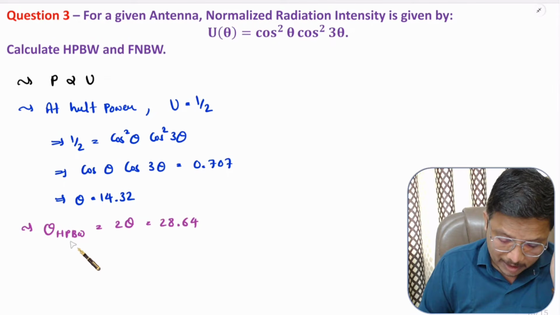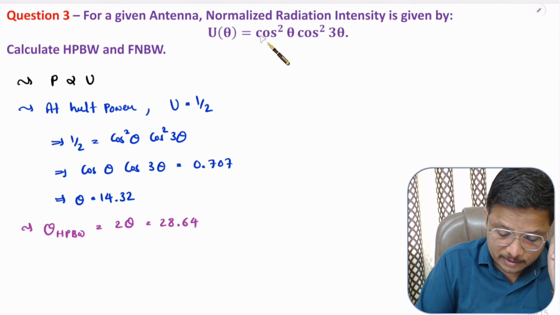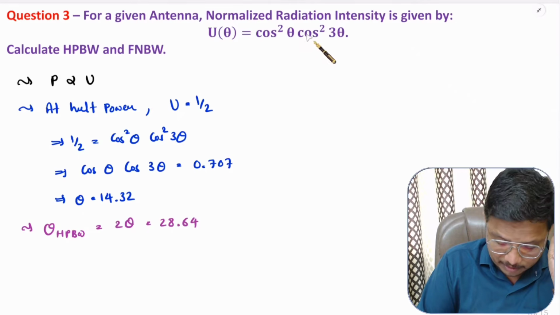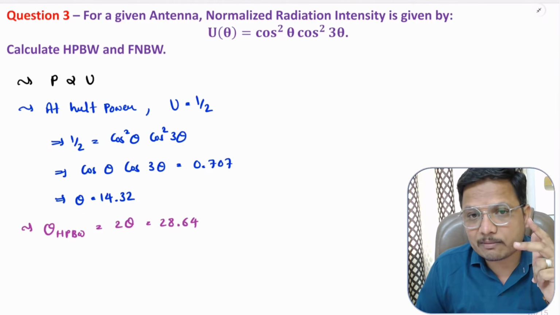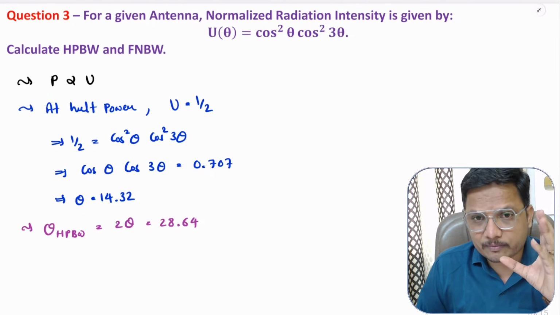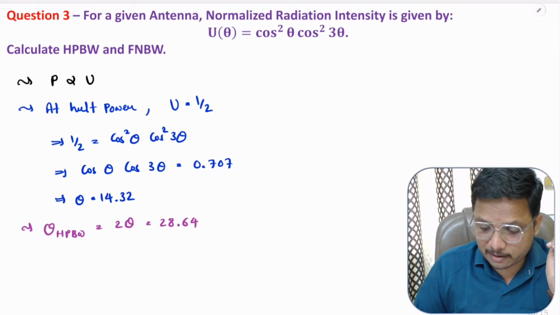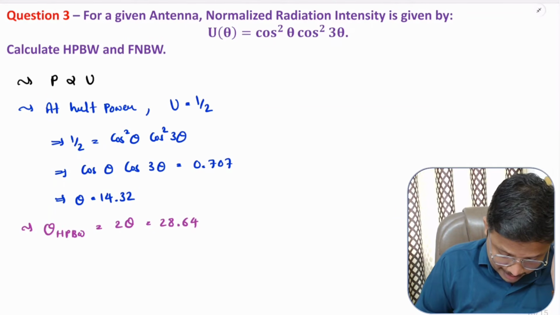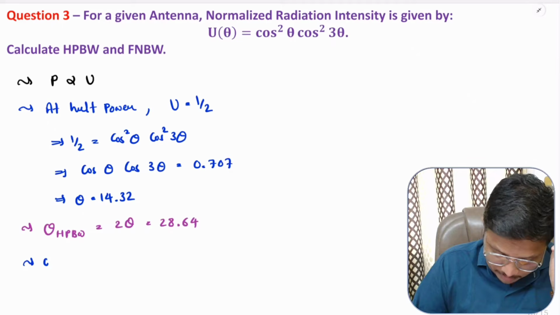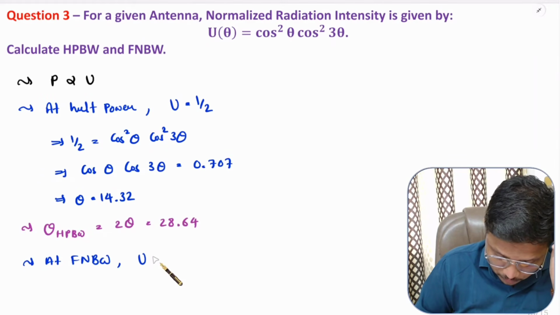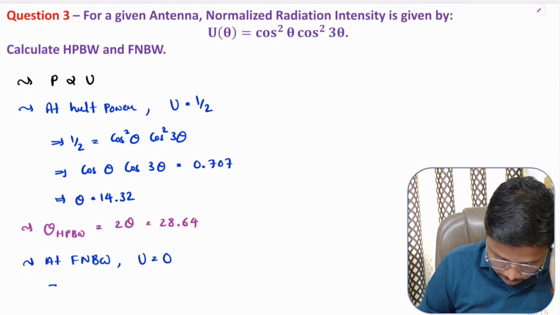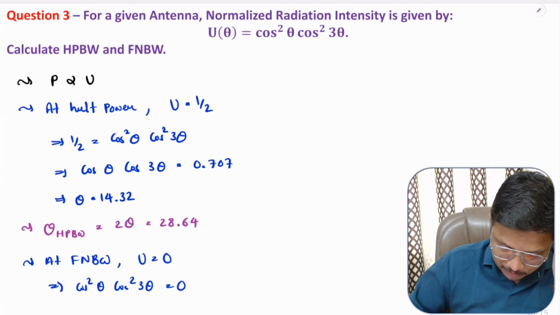Now we want to calculate the first null beam width. Obviously with the first null beam width, we will have nulls over here. So at the first null, this U will be equal to 0. So cos square theta into cos square of 3 theta is equal to 0.